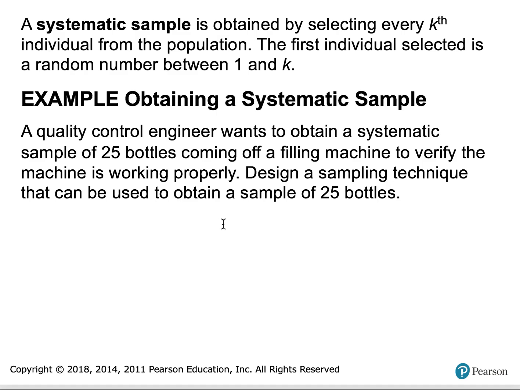Okay, so he needs to randomly determine a number between, say, 1 and 25, and then he just picks every 5th bottle. But the question is, how do we determine that k, right?